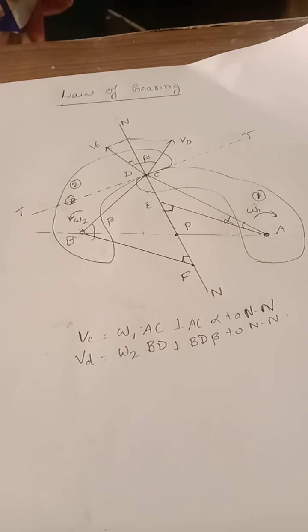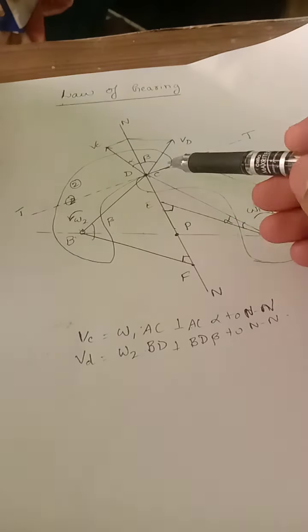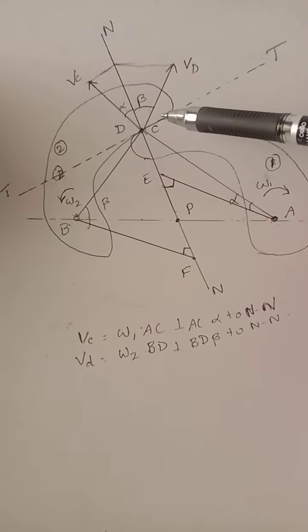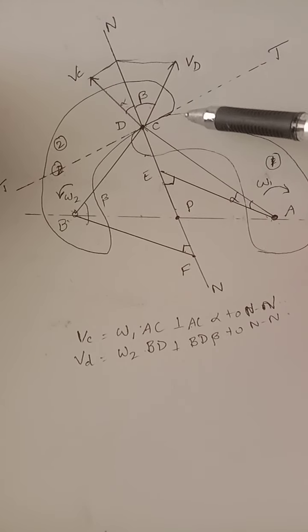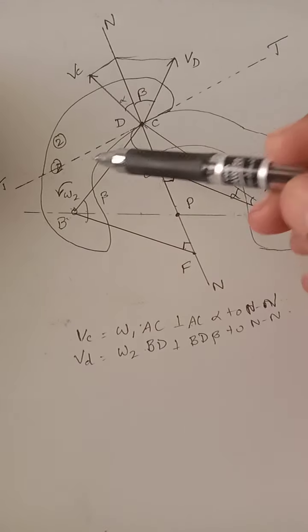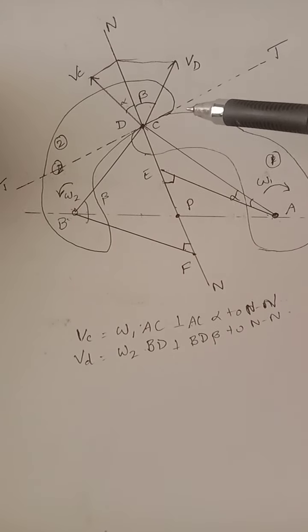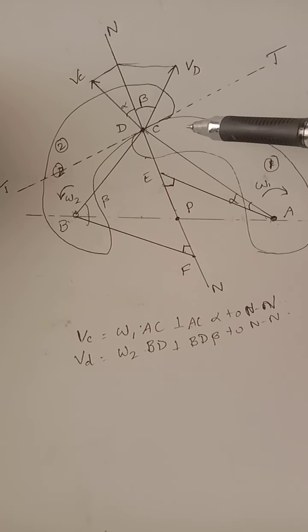Now, as I told you, if the curved surfaces are in contact, one surface may slide over the other surface along the common tangent TT. So the relative motion between the surfaces along the common normal.